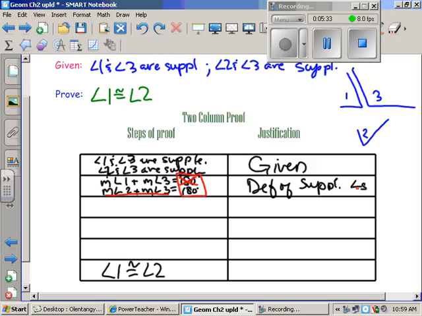So what's my sentence going to be? Michael, what's my final sentence going to be? How's it going to start? Measure of angle 1 plus 2 is equal to, well, remember because these two are equal, they can be substituted. So we took out 180 and replaced it with what?